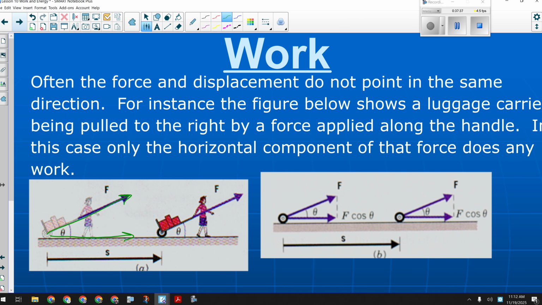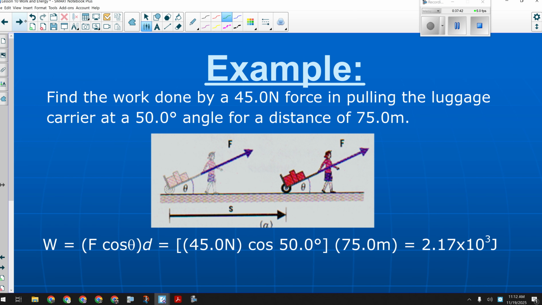Okay, so if we get some numbers in here, let's say that the force in the handle is 45 newtons and the angle is 50 degrees. She drags it 75 meters.